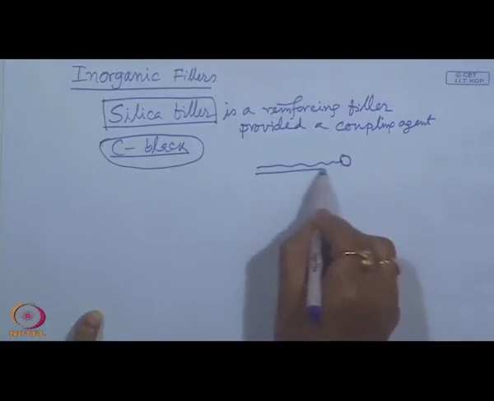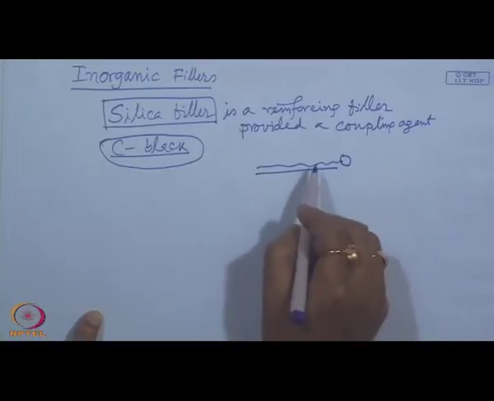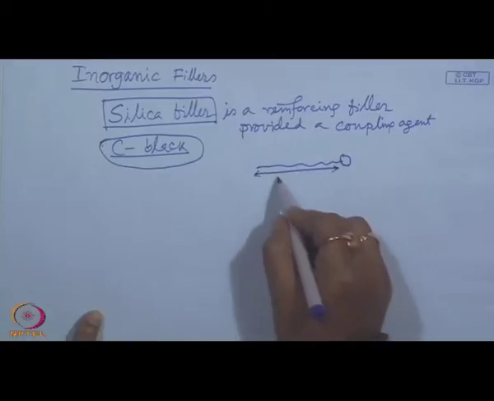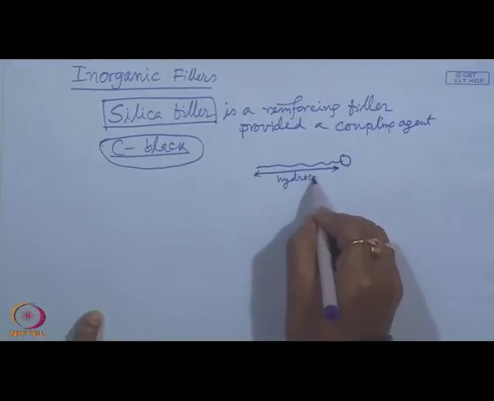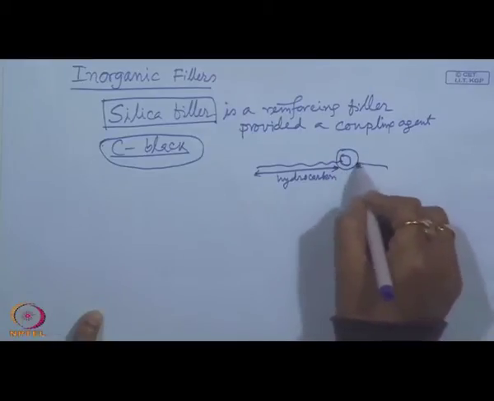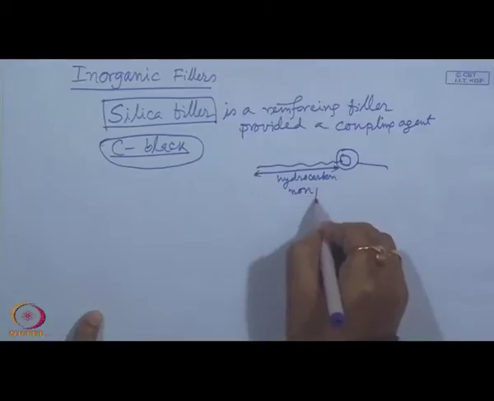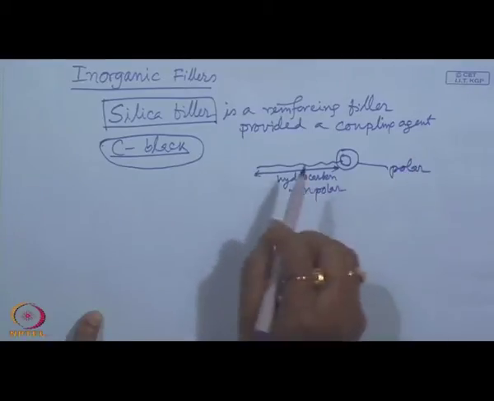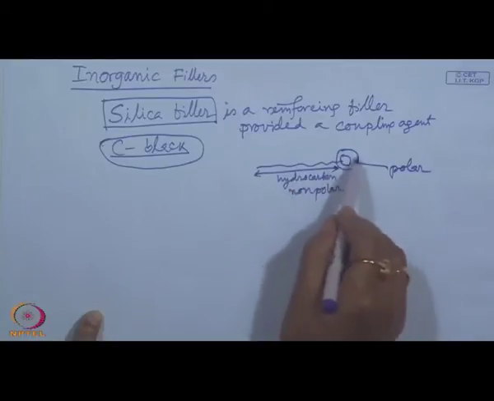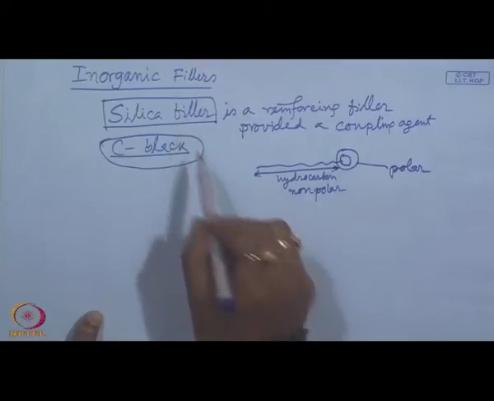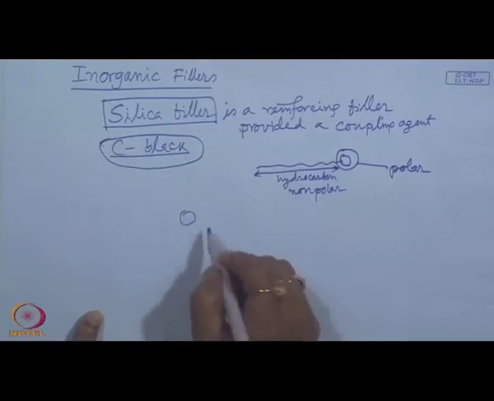One is the organic part, that means the hydrocarbon part, which is non-polar, and the other is a polar part. So, what will happen? If such a compound is used along with silica filler, the silica particle will be covered by these molecules like this.